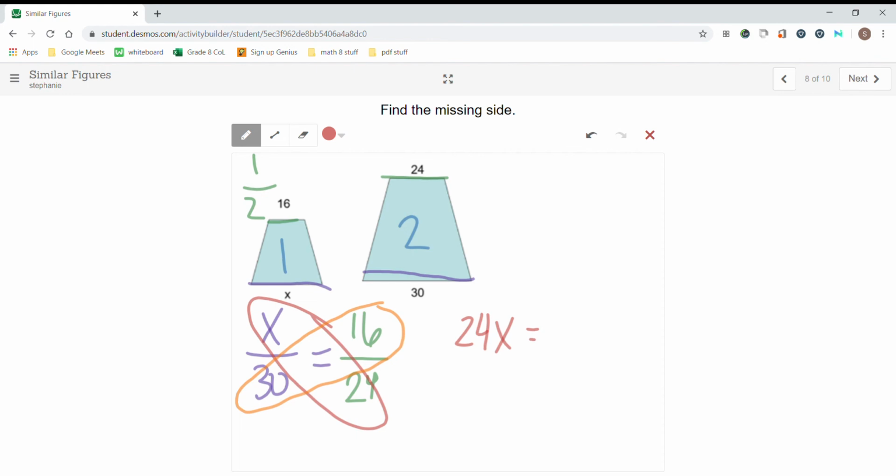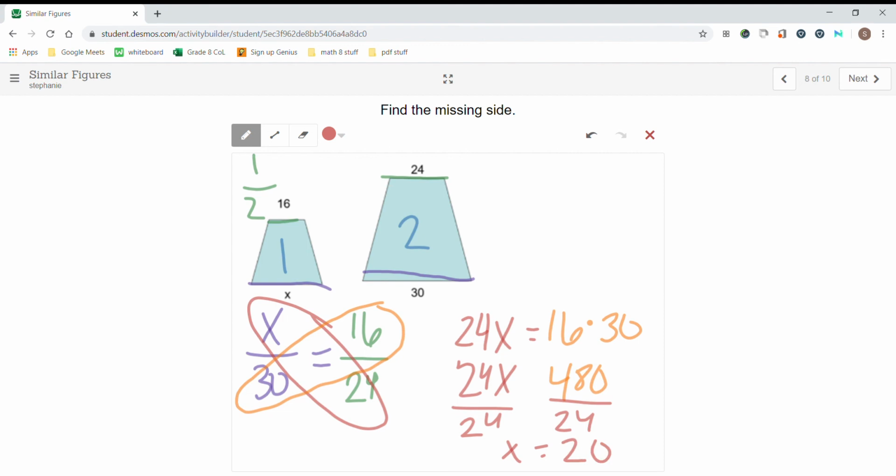Then I'm going to do 16 times 30, which is 480. I can then divide by 24. Divide by 24, x equals 20. So this missing side right here would have been 20.